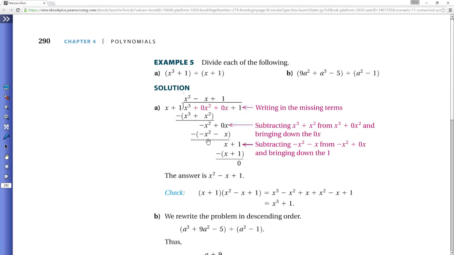Okay. Well, now this is my new dividend. I look at the first term, what do I need to multiply by to get this equal to negative x squared, which is a negative x. Multiply back, subtract, now I have a term to subtract from, and so on.